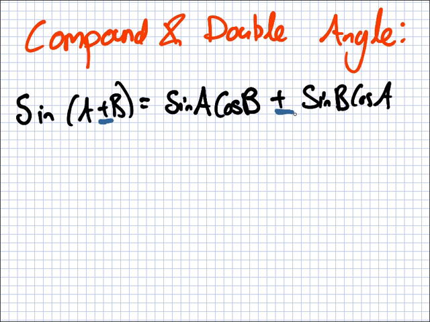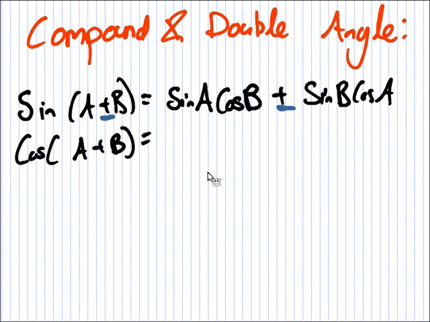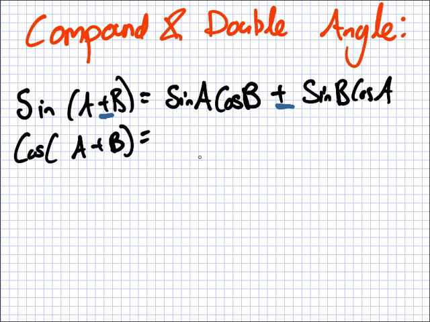Right, the next one, obviously we can see what's going to happen. It's going to be cos A plus B. We will start with cosine and it should be something like that.